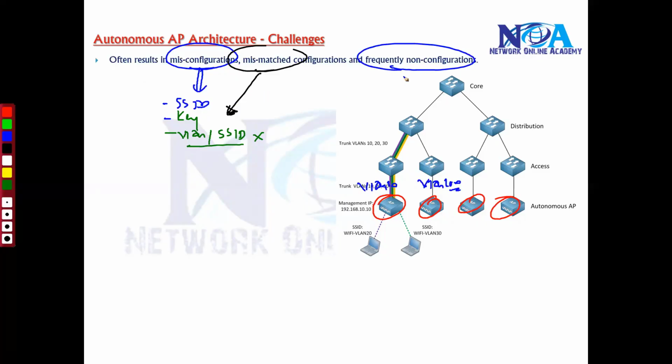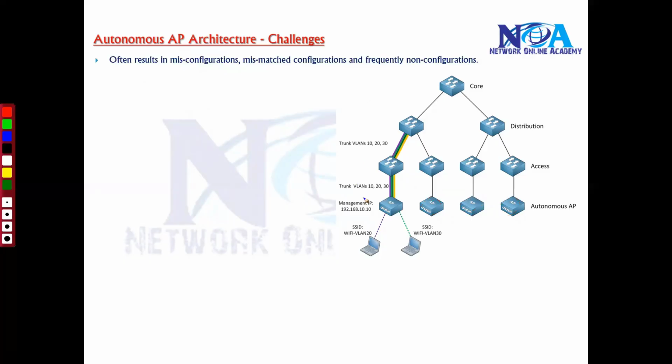So both are wrong configurations. And also there is a possibility of something called non-configurations. Now this comes when you add a new access point. Let's say in my network I'm adding a new access point. Now I have configured everything here, and my wireless users are connecting to this access point. That is fine.